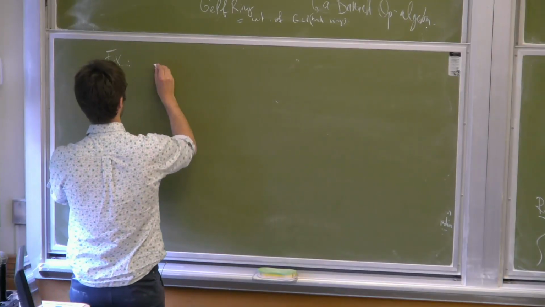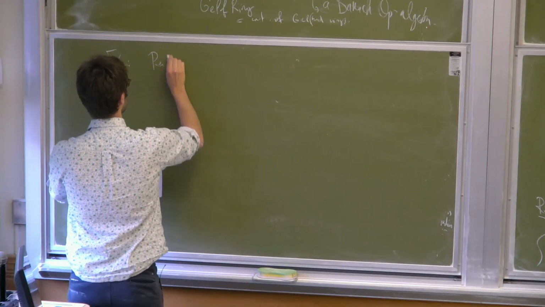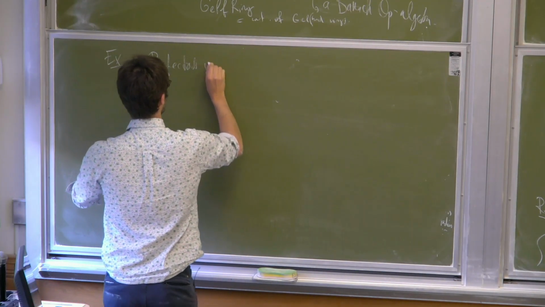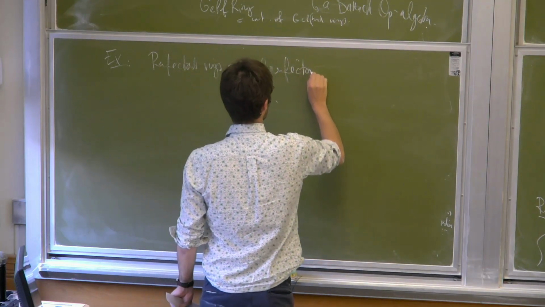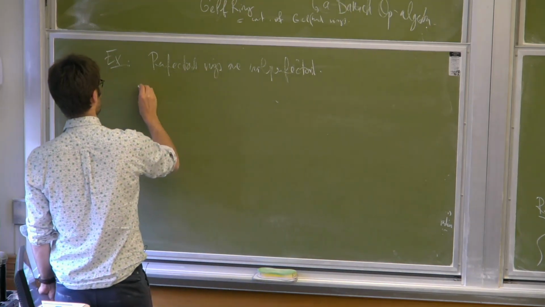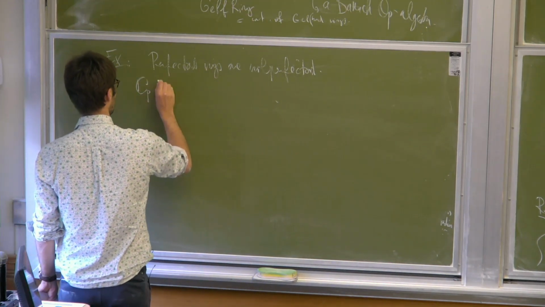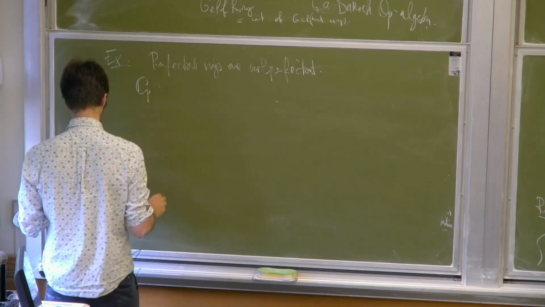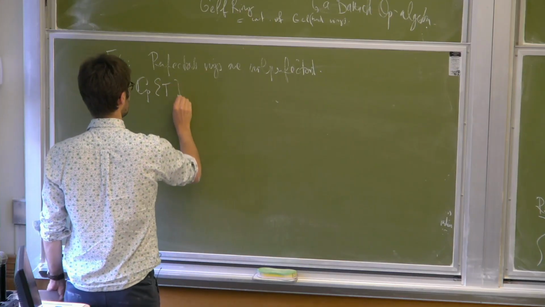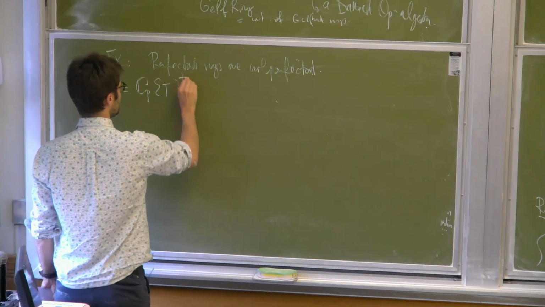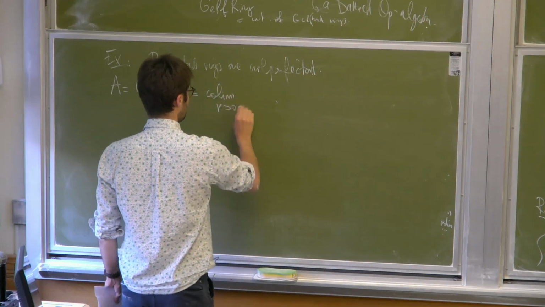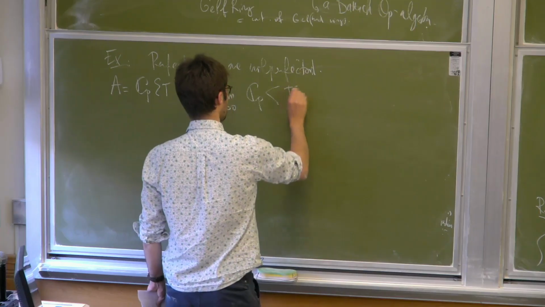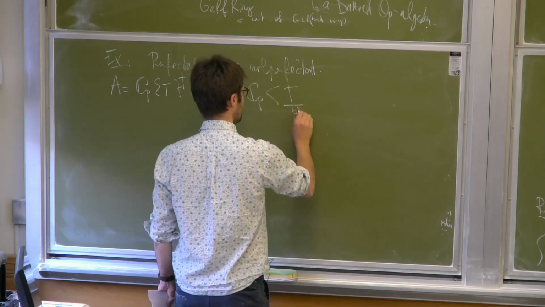And so just some examples of such. Of course, perfectoid rings are nil perfectoid. But less trivial examples: if you take something I will denote by C_p<T>, dagger, so that's by definition the colimit over all positive real numbers of Tate algebras like this.